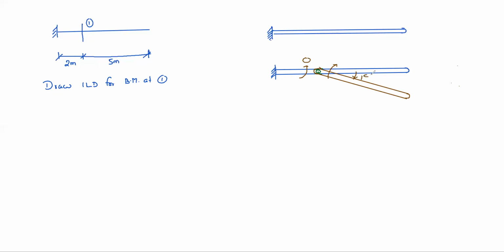Okay. See, left side anti-clockwise we tried to rotate, but it is not rotating because of fixity. But right side not a problem. Okay, one side is enough. Both sides not possible. Then go for one side rotation. So obviously it takes this shape. So finally the ILD is like this.